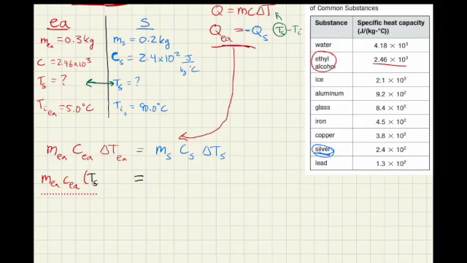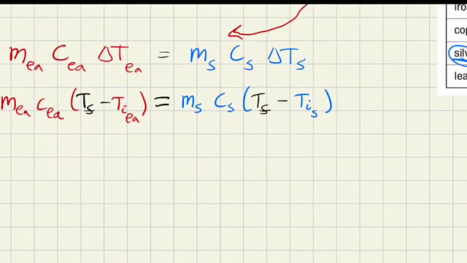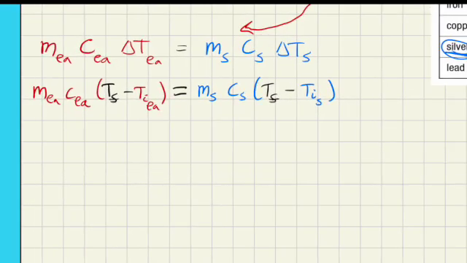TF minus our TIEA is going to equal our mass of the silver times our specific heat capacity of silver multiplied by our final temperature, which is shared between both substances, minus our Ti of silver, our initial temperature. Wow, what a lot of variables. That thing looks absolutely disgusting.